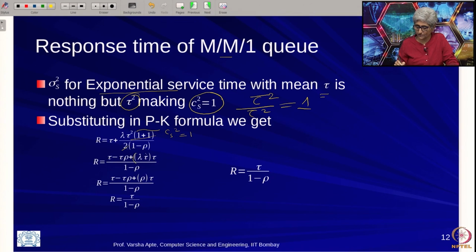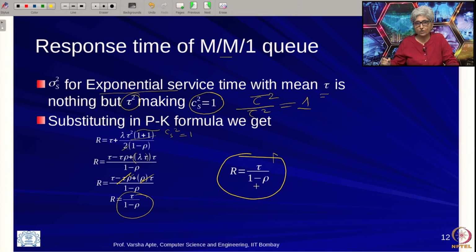We just write it like this to then write it as rho tau; this lambda tau is going to be rho, right, for MM1 queue. Then this minus tau rho and this is also tau rho, these cancel and you get tau divided by 1 minus rho. So, this is actually a very important formula to remember, even if you do not remember anything else much in this course. If you remember this, it is very useful.